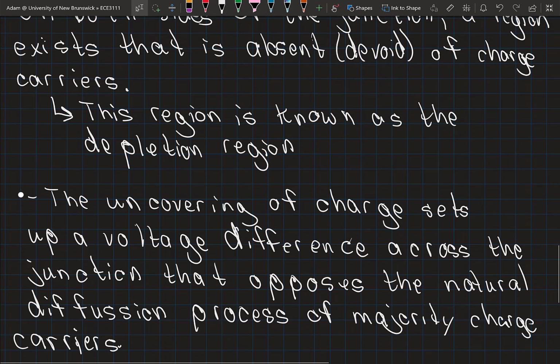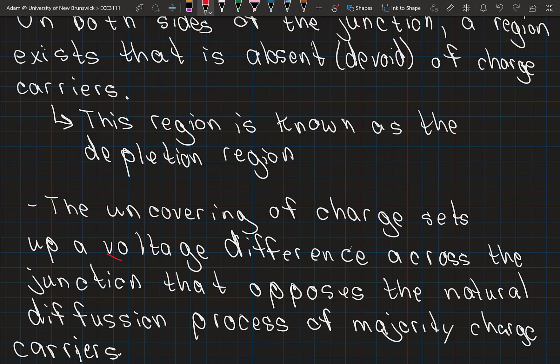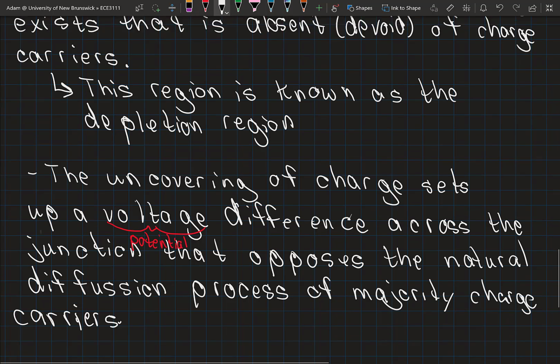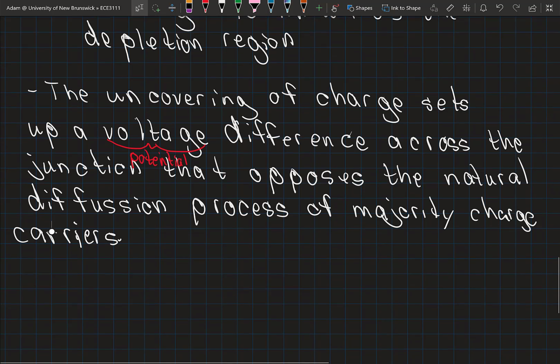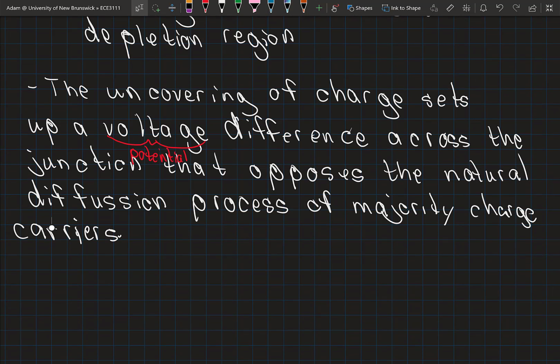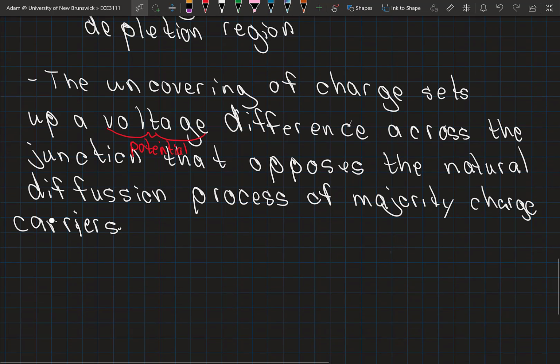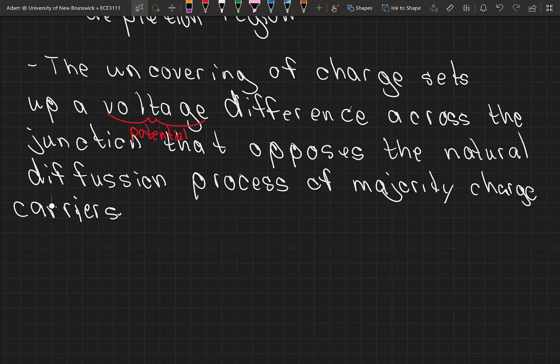Okay, so this voltage, or as we know, voltage can be referred to as a potential, will counteract the diffusion process.